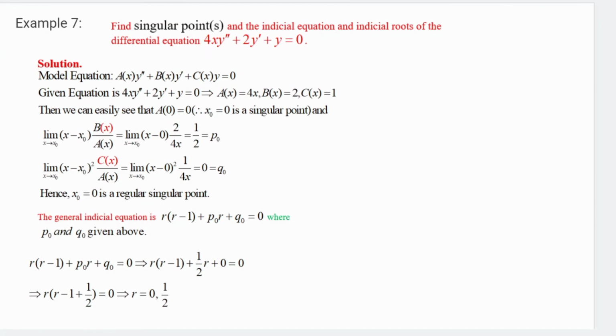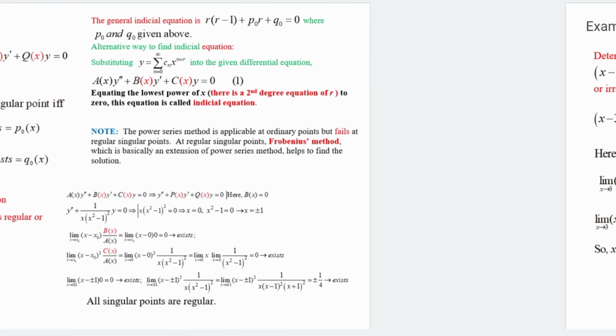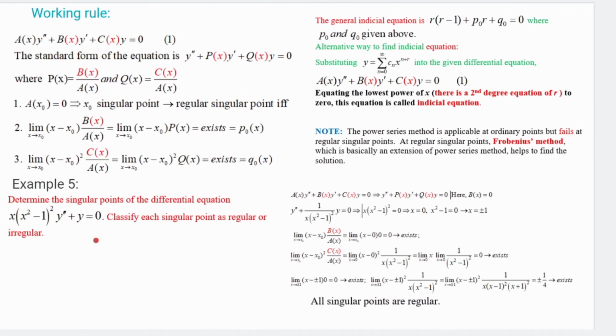Let us consider another example here. Find the singular points, the indicial equation and the indicial roots of the differential equation. We already know what singular points are, and the working rule for regular or irregular singular points. But what is the indicial equation?